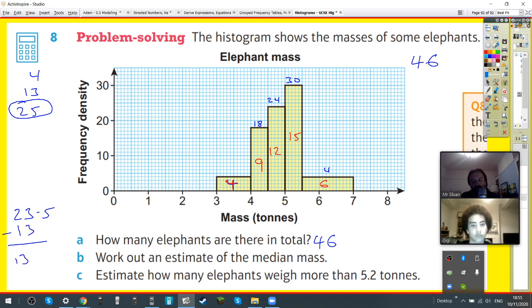And so it's like the 10.5th person out of those 12. So any idea what their mass would be, how you'd get it?